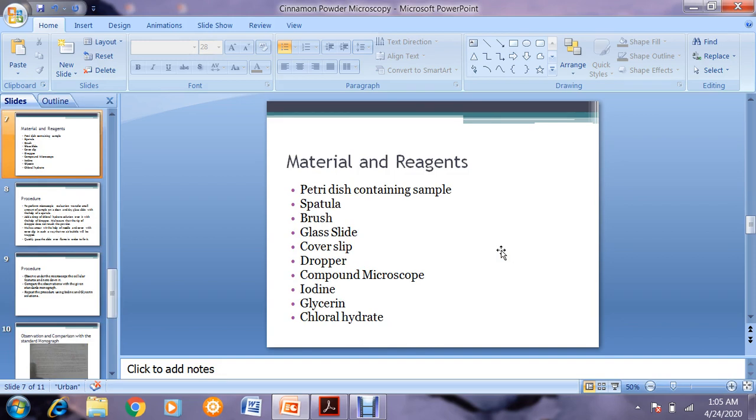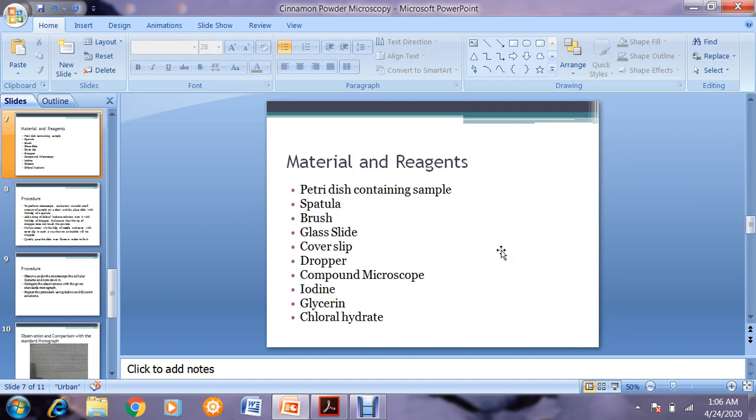Now when you are going to perform powder microscopy, you need some materials and reagents. So first of all, a petri dish containing the sample, then a spatula, a brush. You may also use a needle instead of a brush, then a glass slide, of course, to make the slide, then a cover slip to cover the slide, droppers, and a compound microscope, definitely, to see the microscopic characteristics in detail.